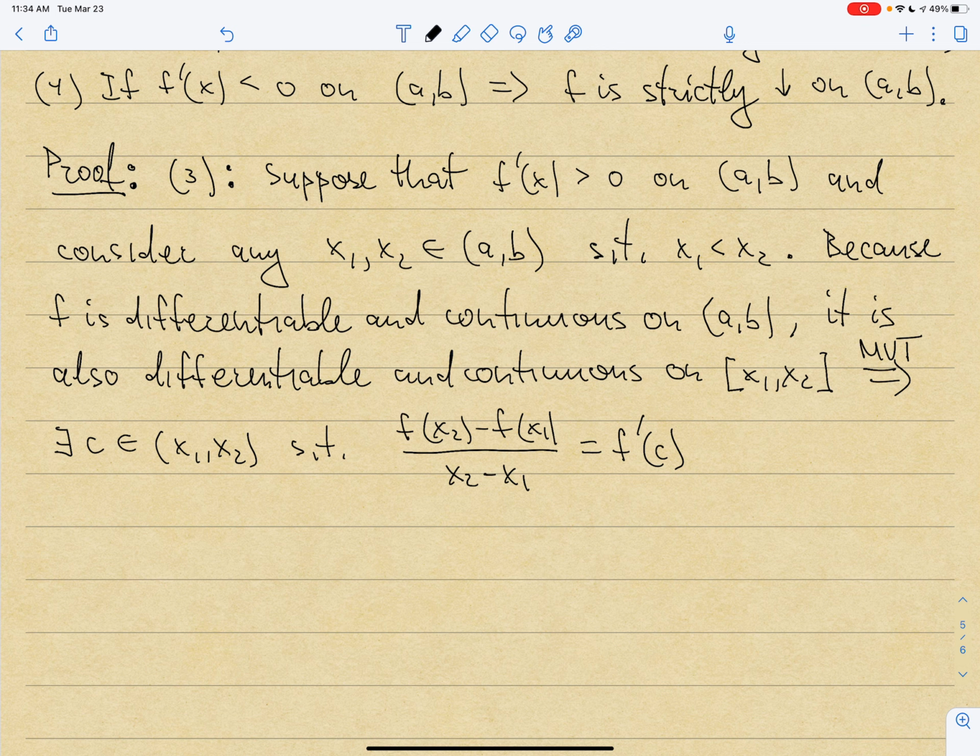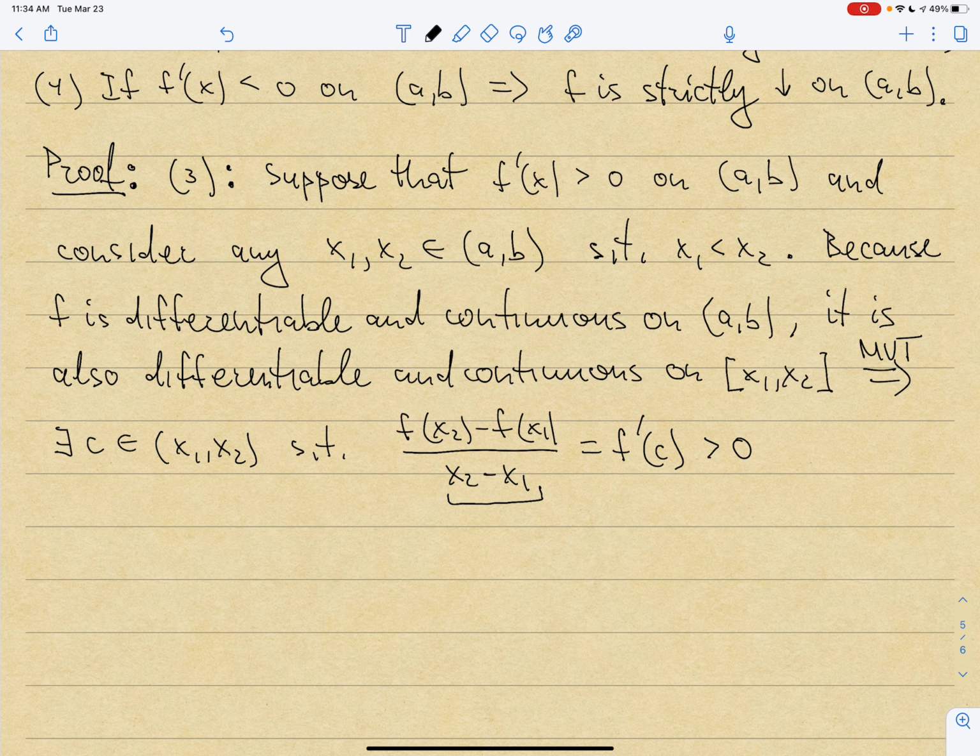Because I assume that f prime is greater than 0 everywhere on AB. And x2 minus x1 is also greater than 0, because I chose x1 to be smaller than x2.